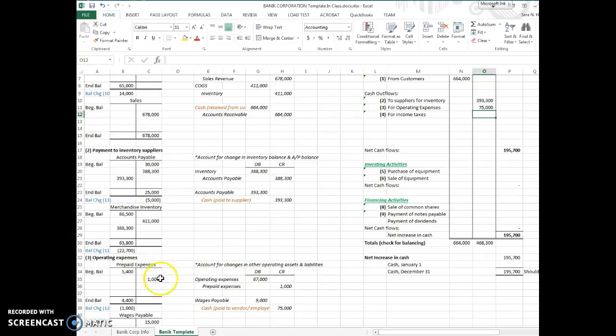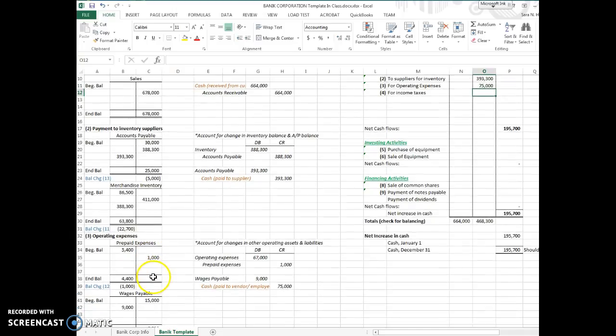When we looked at our prepaid expenses, we saw they went down, but these are expenses that we previously outlaid cash on, right? So we would actually decrease our operating expenses because this is cash that actually left in a prior period.